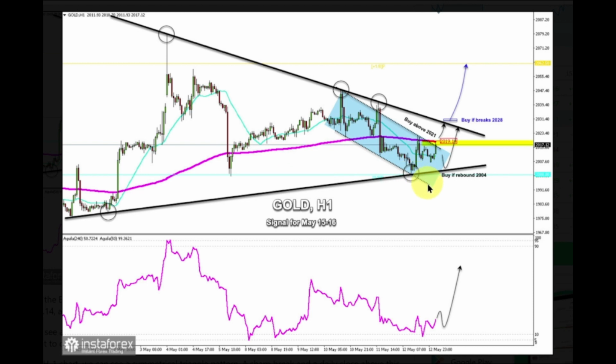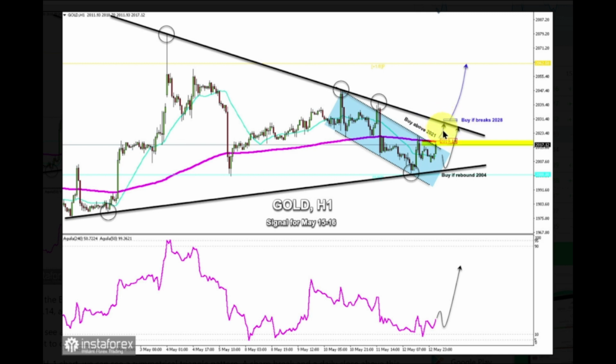We can see strong resistance around 2020. If gold breaks this area and consolidates above, we can expect it to continue to rise. The instrument can reach the top of the symmetrical triangle pattern around 2027.